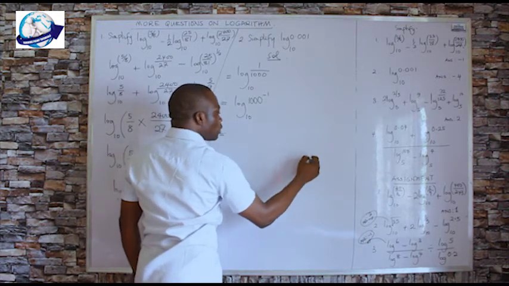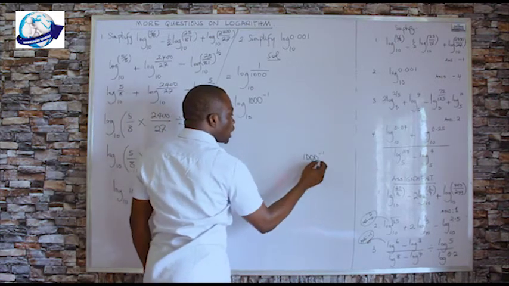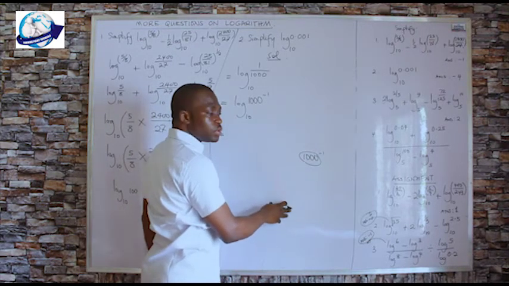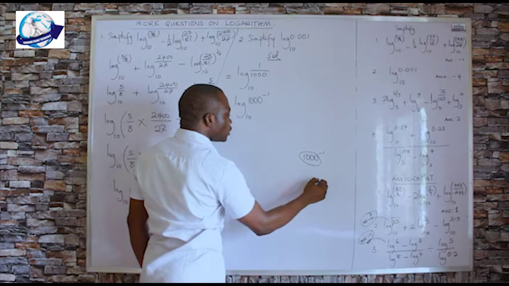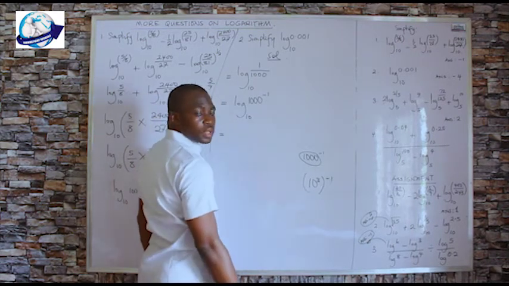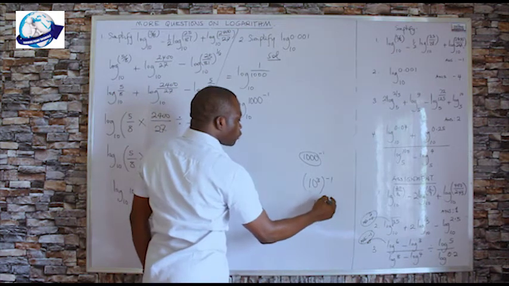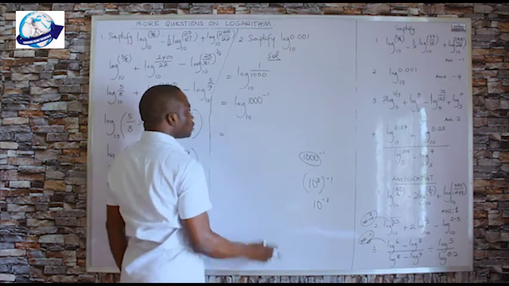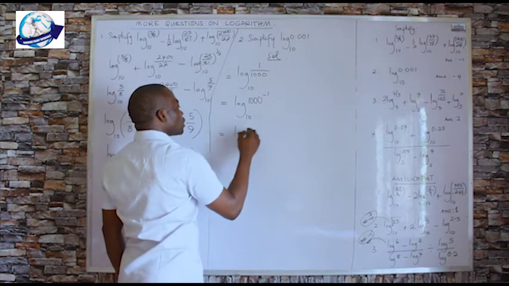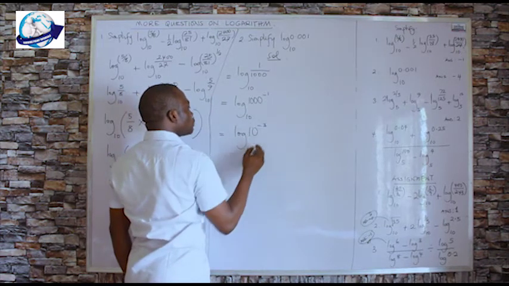Now, this 1000 itself means in index form 10 raised to the power of 3, and if you close the bracket, minus 1 is outside. Now, 10 raised to the power of minus 3, what do you have? You have logarithm 10 raised to the power of minus 3.